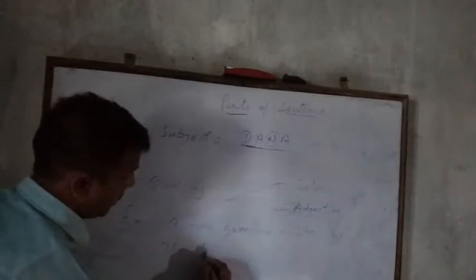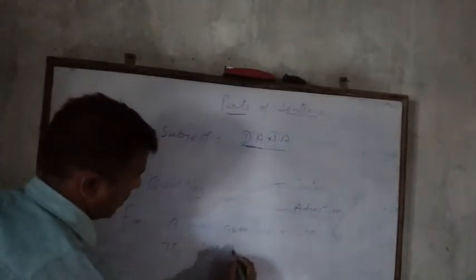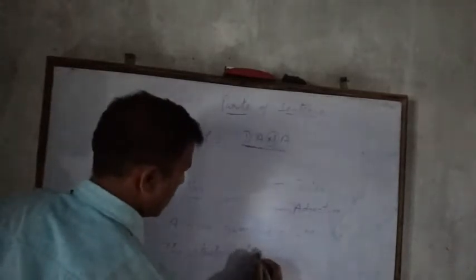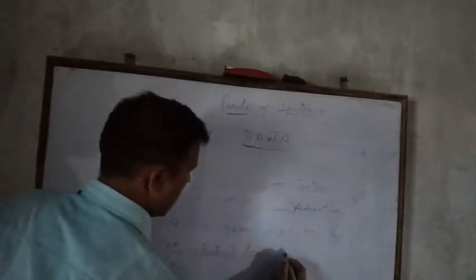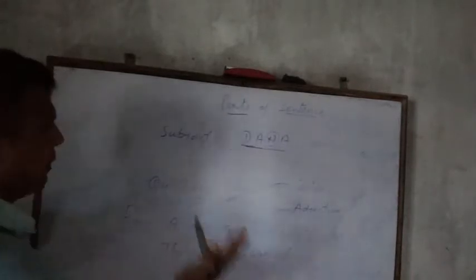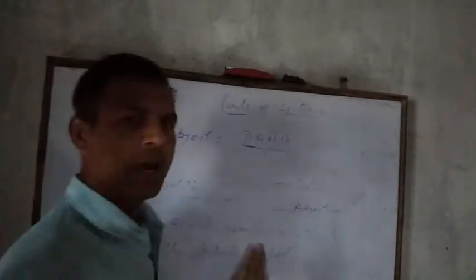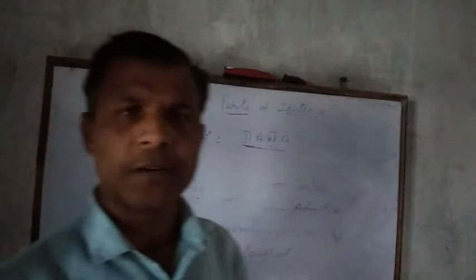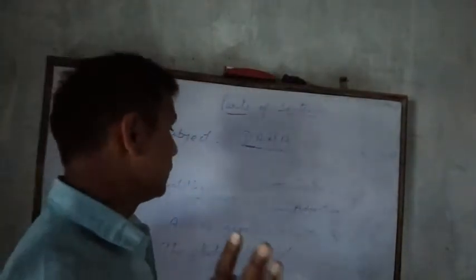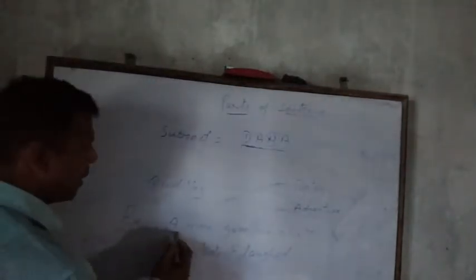The student laughed. Now here, what is determiner and what is head word? Let us discuss here. What is head word and what is determiner? So here, a man.